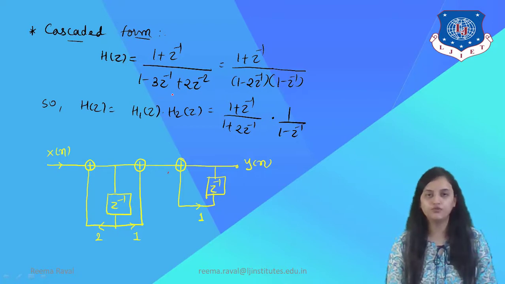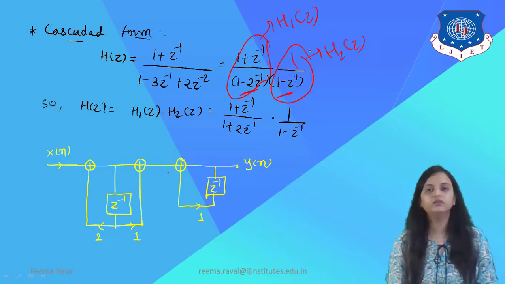By splitting this into factors, I will have 1 minus 2z inverse into 1 minus z inverse. Now, we will take the numerator as H1(z) and 1 upon this part as H2(z). We will multiply these to make the series connection to obtain the final H(z).